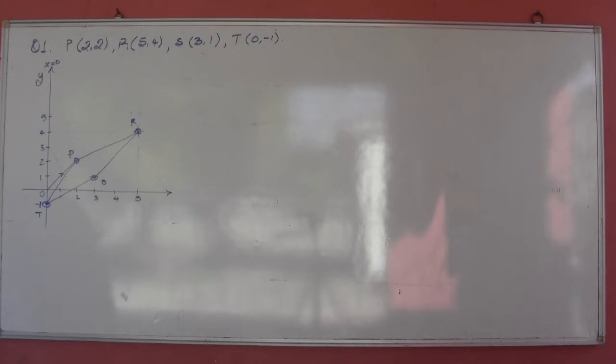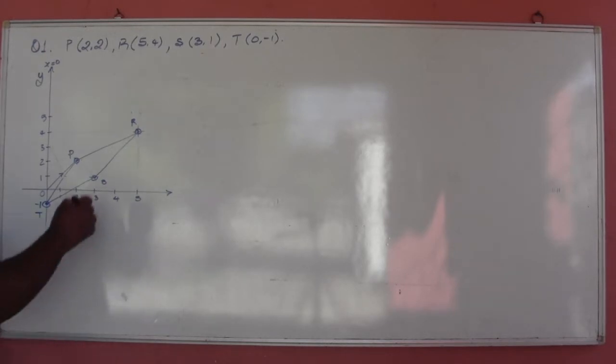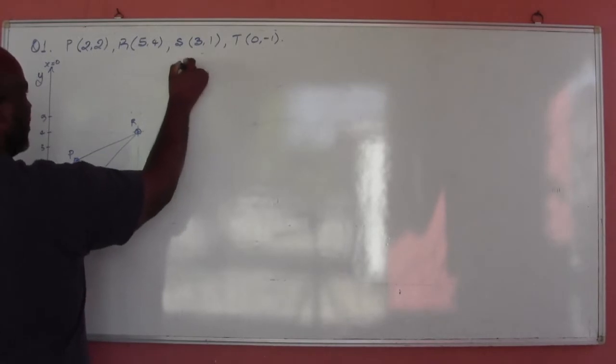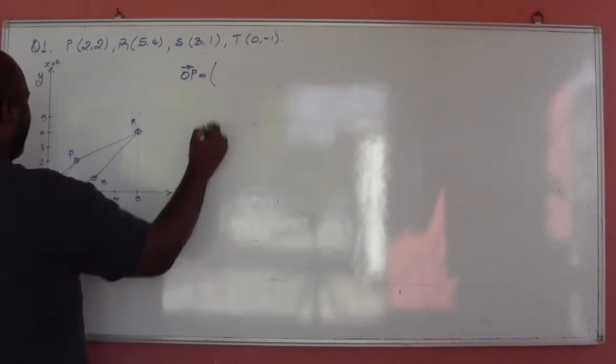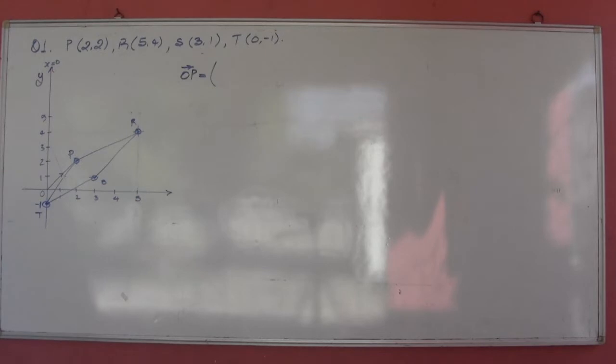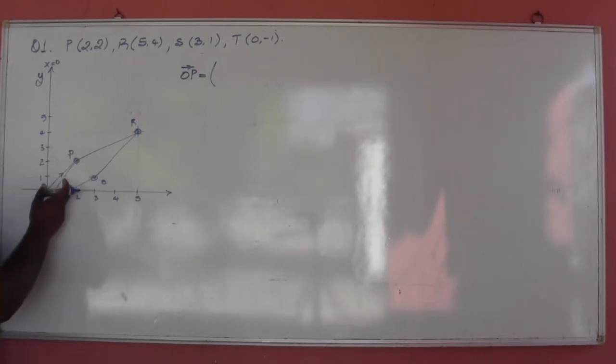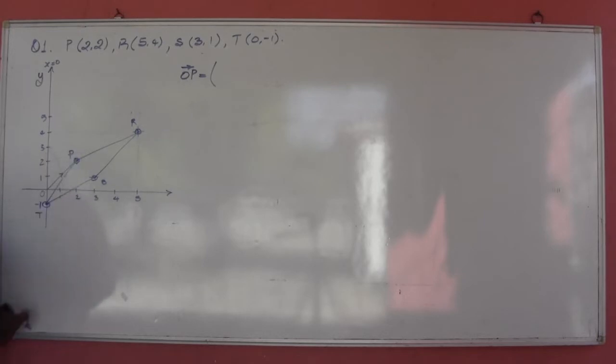Now, if I want to represent OP as a column vector, the top value represents the horizontal value and the bottom value represents the vertical value. In moving from O to P, I'd have to go 2 units right and 2 units up.